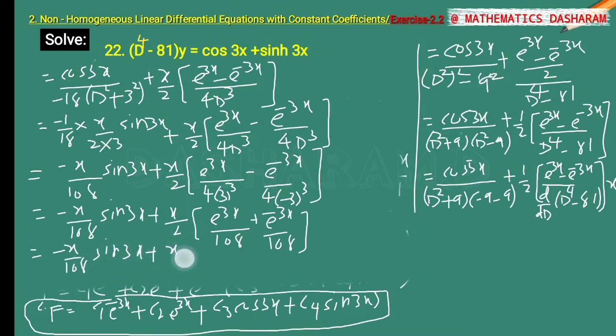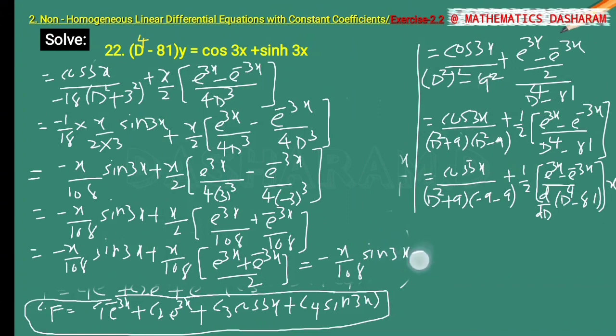To get the textbook answer, we need to take the plus x by 108 common, then minus sin 3x plus, here e to the power of 3x plus e to the power of minus 3x by 2 is cosh 3x. So this is the particular integral.